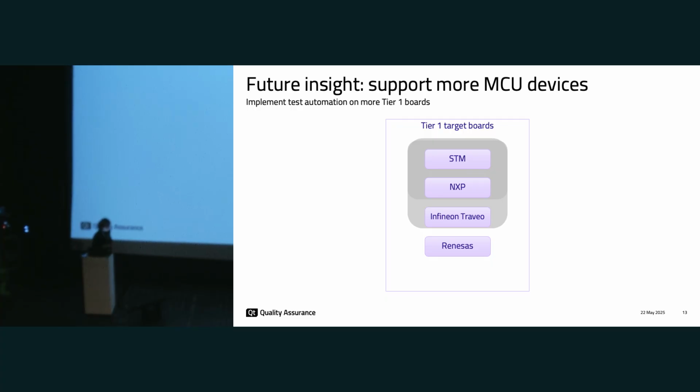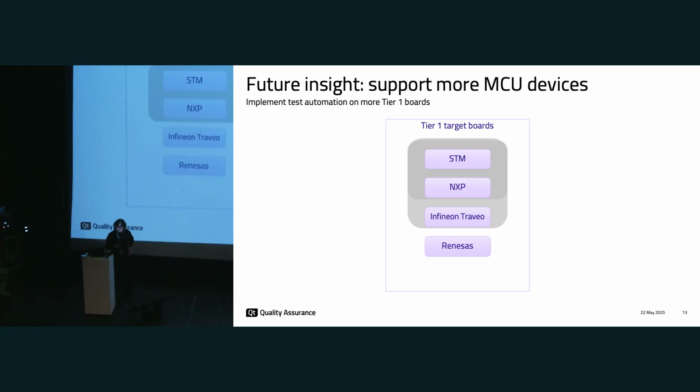We also plan to extend the support of the boards on which you can test applications written with Qt Ultralite. At the moment we support STM and NXP devices, which are 2 among those 4 boards that are in the Tier 1 category.